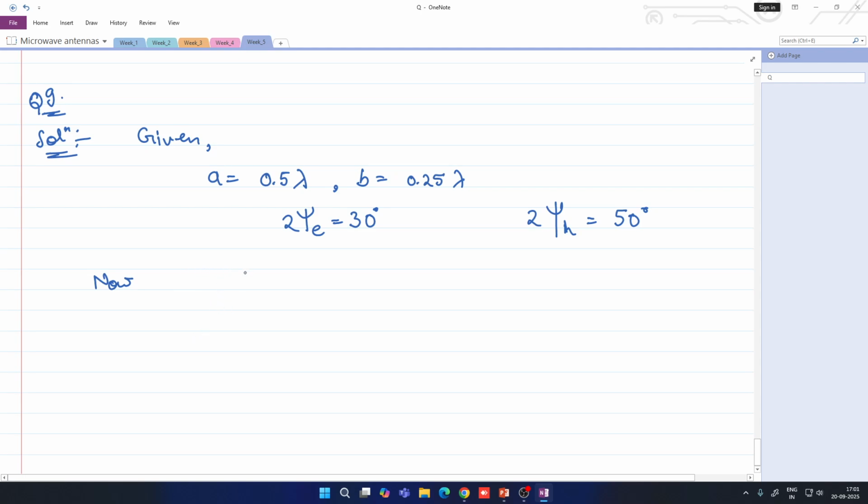That means you have to find b prime, which is approximately equal to, I am directly using the formula here. The derivation of these formulas is given in the lectures and in the textbook. So b prime is approximately equal to under root 2 lambda rho 1, and psi E is tan inverse of b prime by 2 by rho 1.